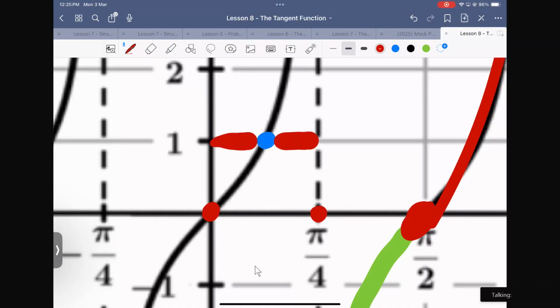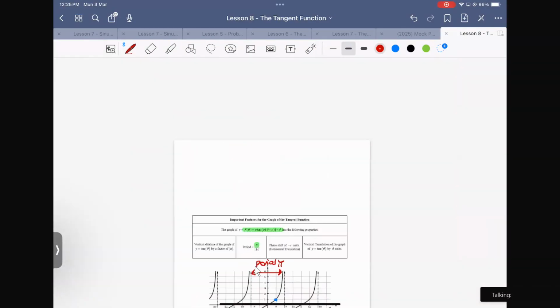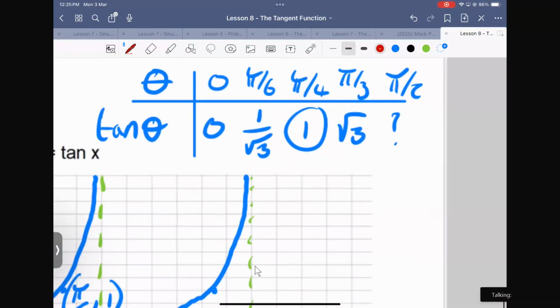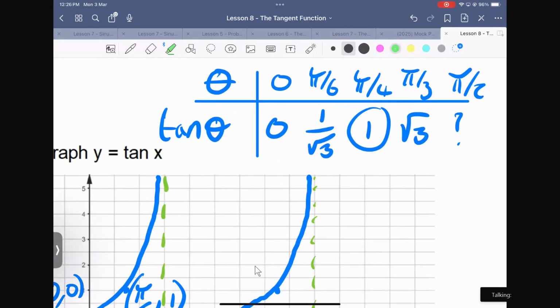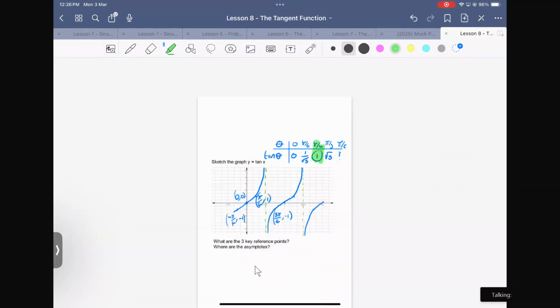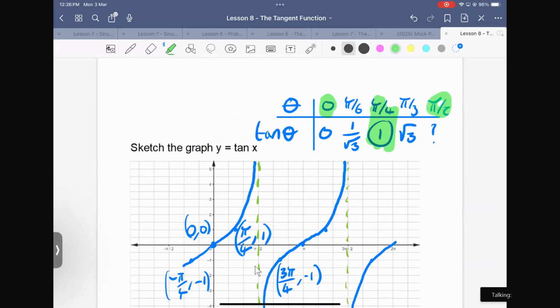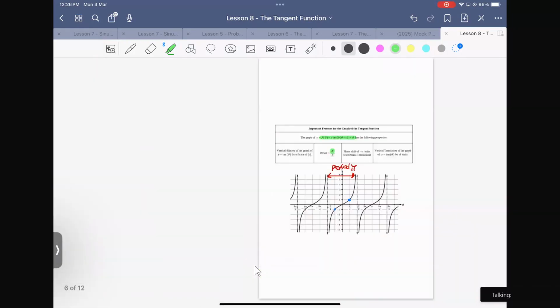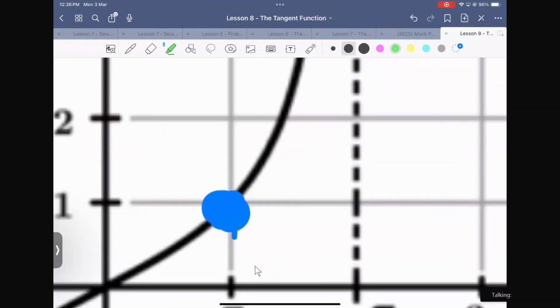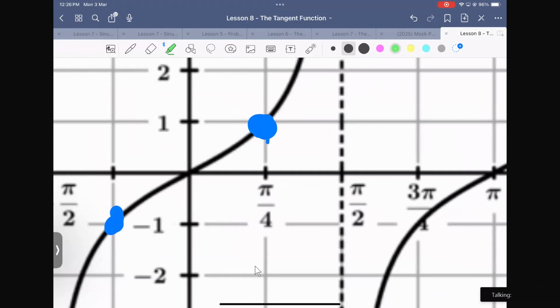Back to the exact value table and the useful graphs, it's this point here, which is useful because the y value is 1. That one happens halfway between the point where it changes concavity and the asymptote. So this point is halfway between.